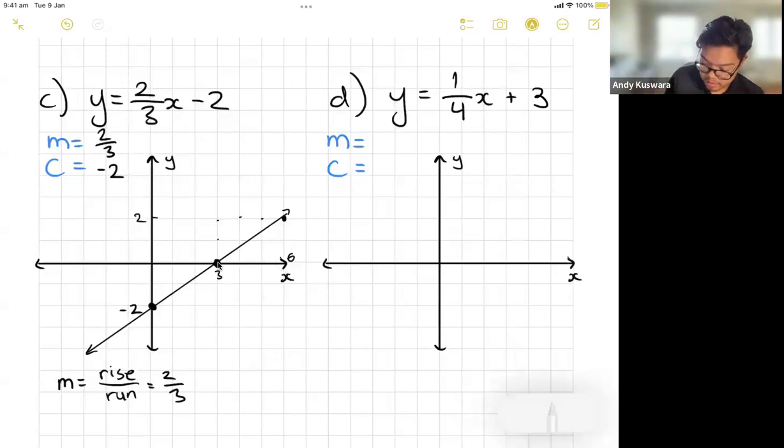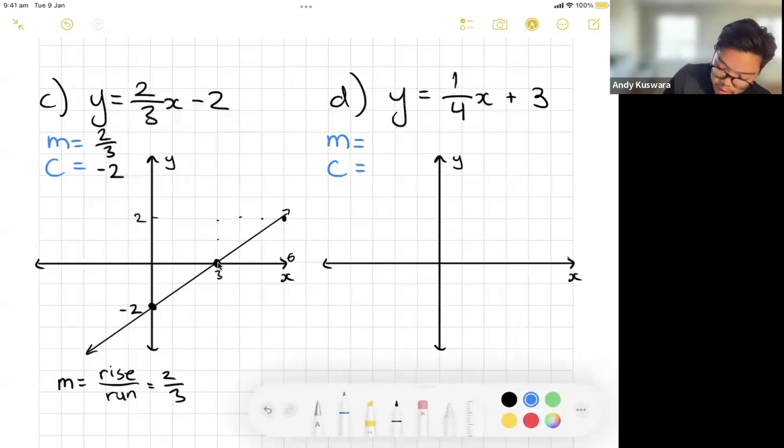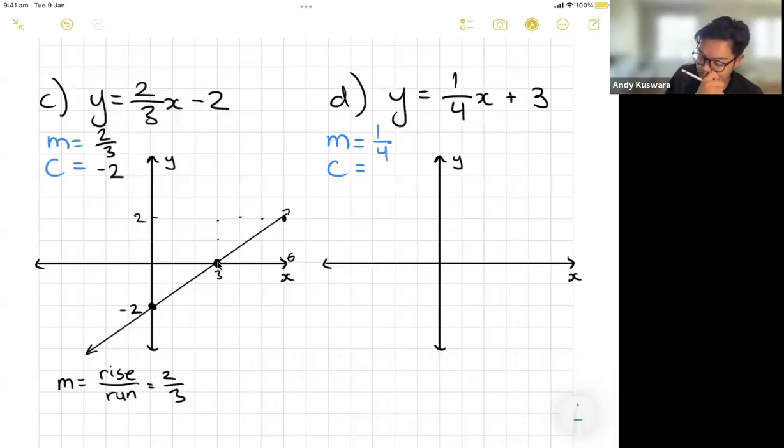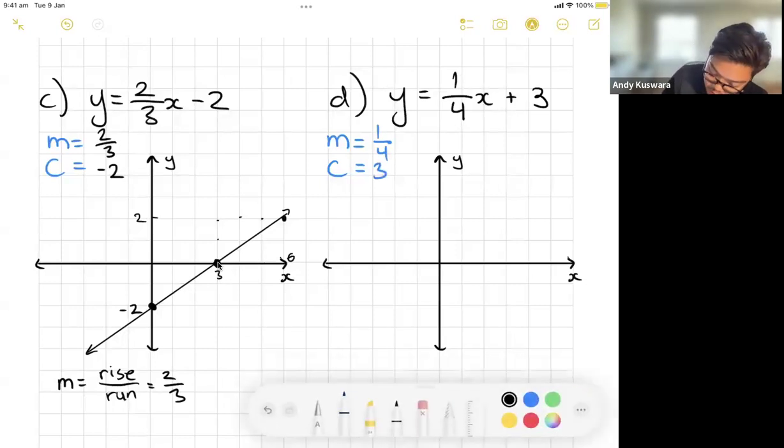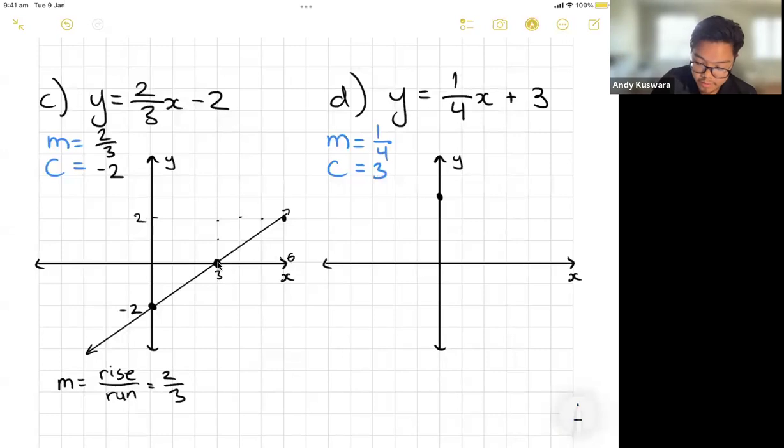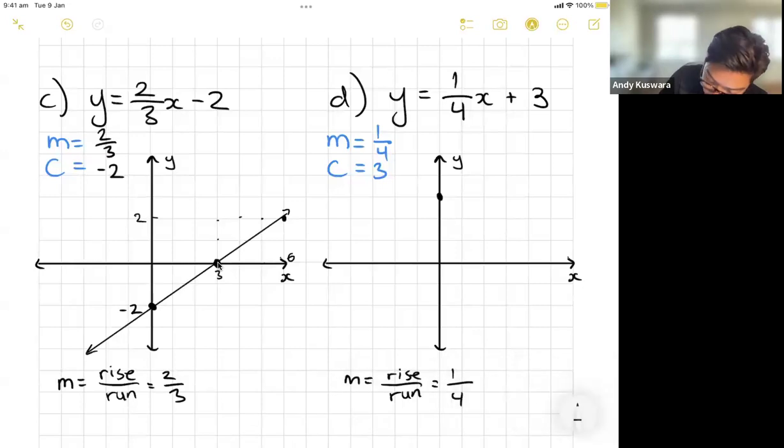Now this one here, let's continue the same thing. Let's take a look. My gradient now is 1 on 4 and my y-intercept is 3. So this time I'm going to do the same thing, start at 3. Again, my gradient is always given by rise over run. And in this particular case, it's 1 over 4. So that means for every 1 that I rise, I'm going to run across 4. 1, 2, 3, 4.